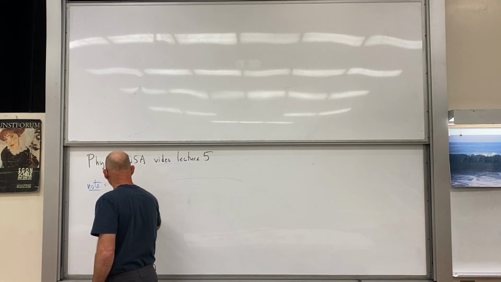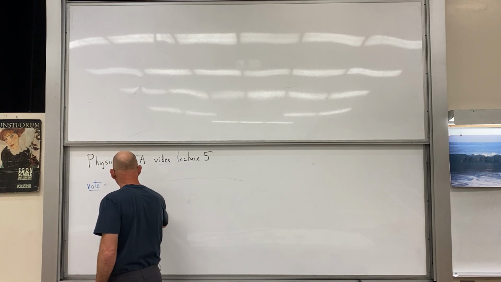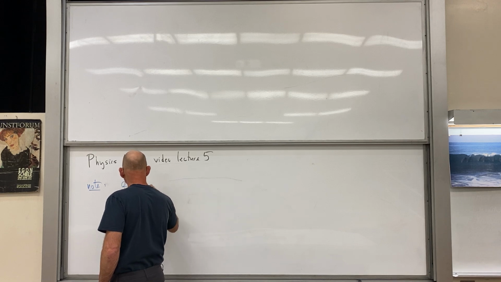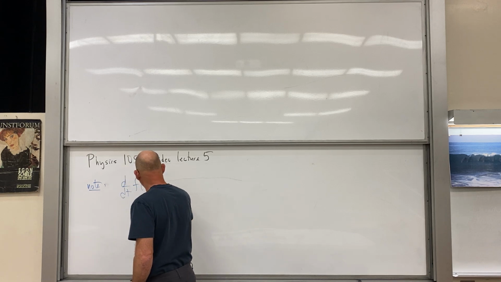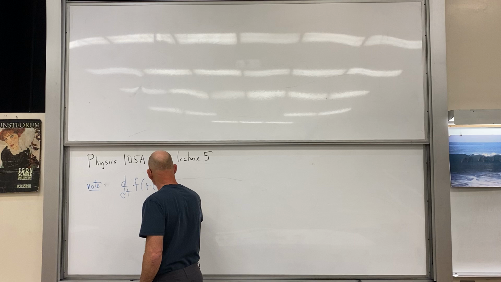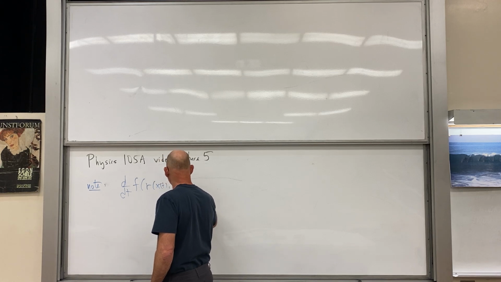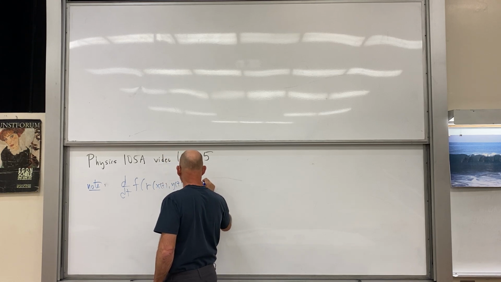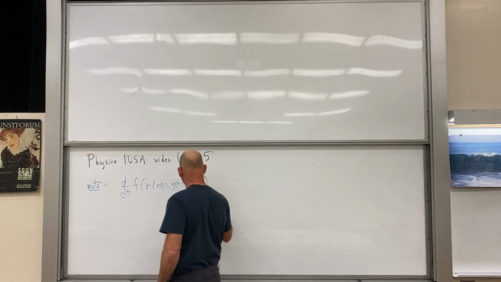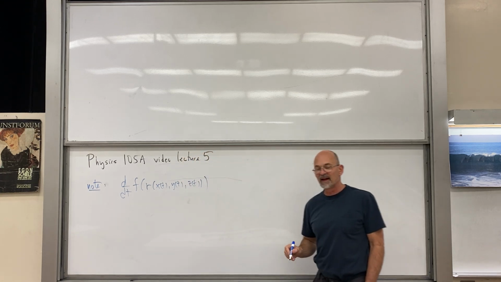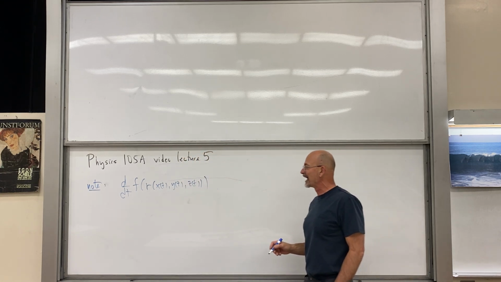This is about an expression, d/dt of f of r of x of t, y of t, z of t. I probably hadn't written it out this much, but I had just mentioned something about the chain rule.